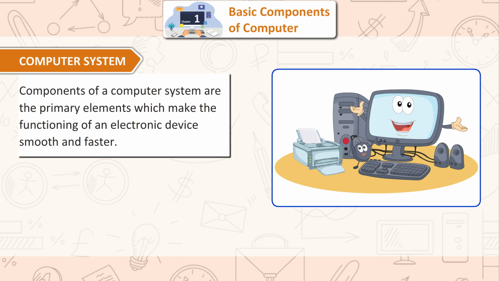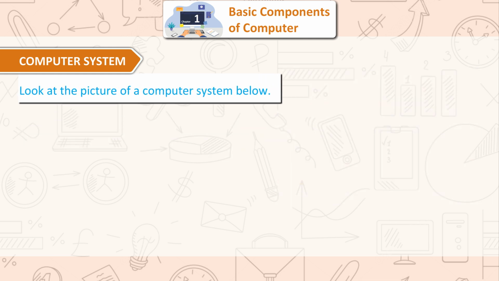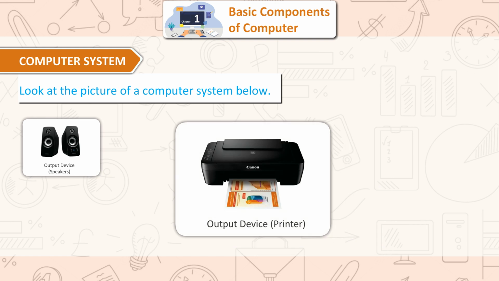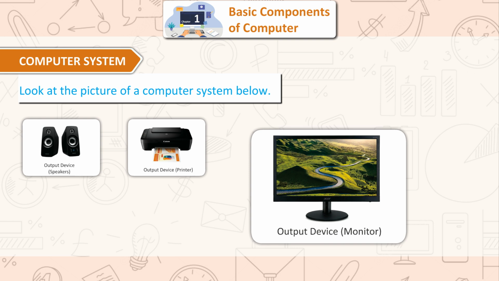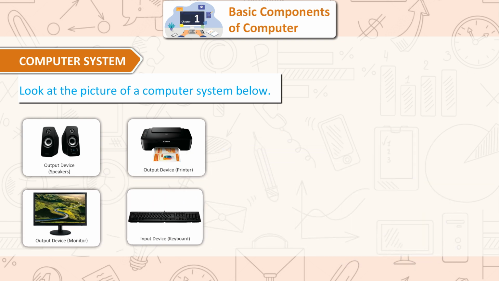Components of a computer system are the primary elements which make the functioning of an electronic device smooth and faster. Look at the picture of a computer system below. Output devices: speakers, printer, monitor. Input devices: keyboard, mouse.